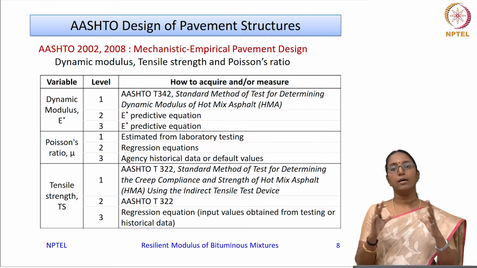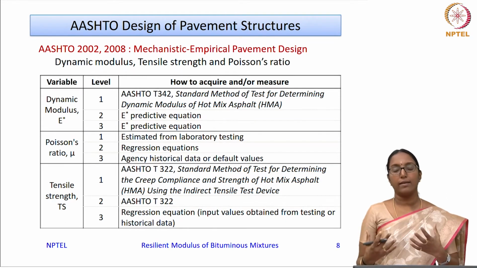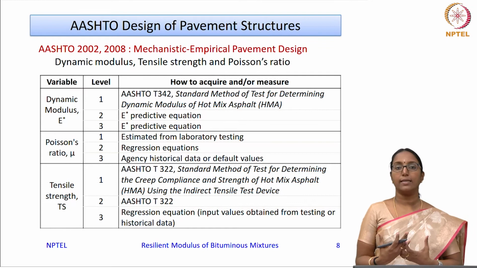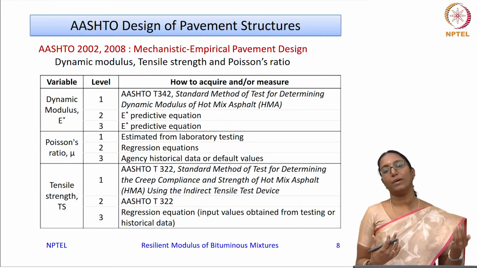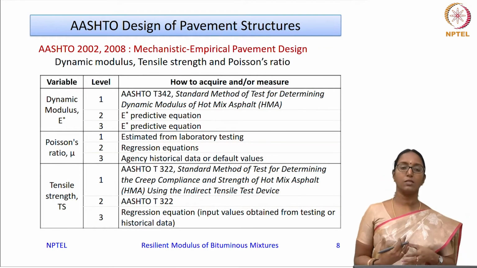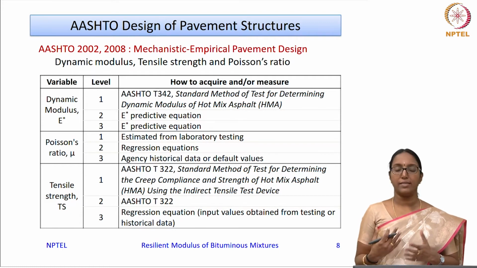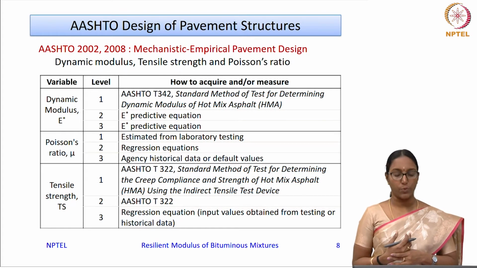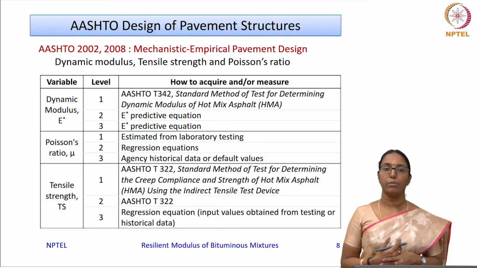Based on the bituminous material aggregate skeleton, the binder content, the binder type used, the viscosity of the binder and the temperature of test, predictive equations are provided to determine the dynamic modulus also.